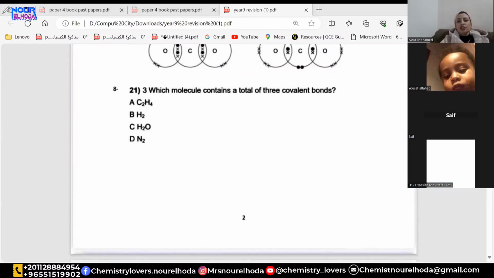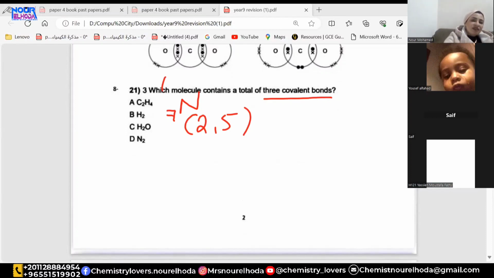Okay, let's continue. Which one has 3 covalent bonds? How do I do this? To have 3 covalent bonds, this means nitrogen. Why? Because nitrogen is 14 and 7. I'm going to choose the small number. Take care. In the periodic table, if it's written 14 and 7 like this, no problem. You will take the small number. Don't say, miss, we're going to take the number down.